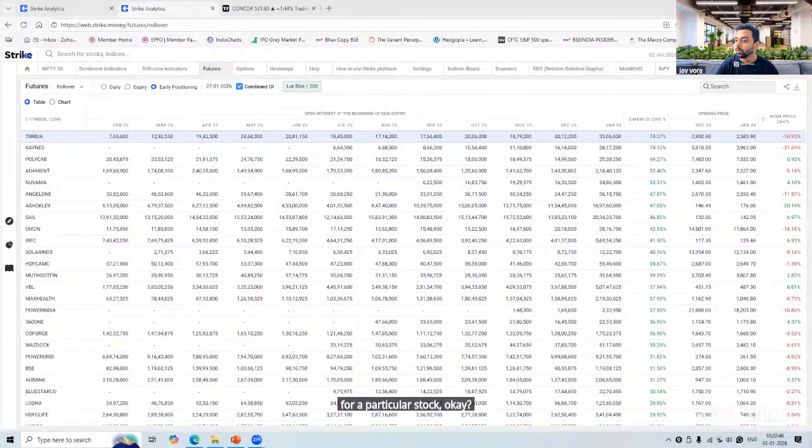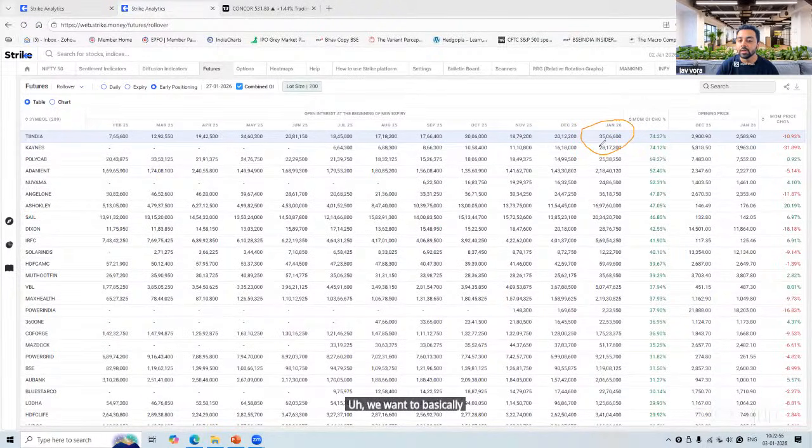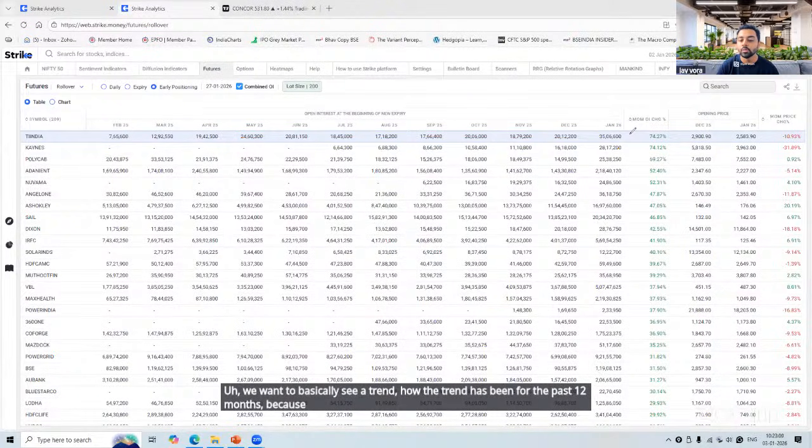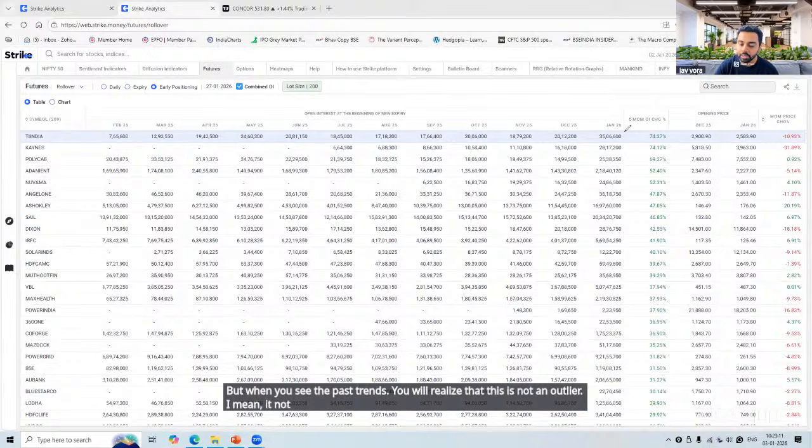Now I'll explain the logic of why we have given all these data points. We want to see how the trend has been for the past 12 months, because sometimes the number might look unusually high, but when you see the past trends, you will realize that this is not an outlier. That much open interest was normally there, right?